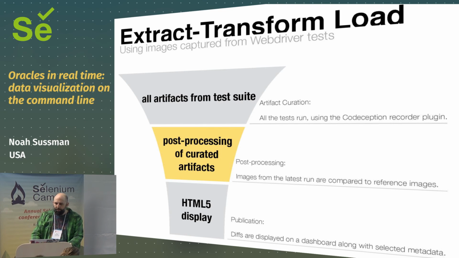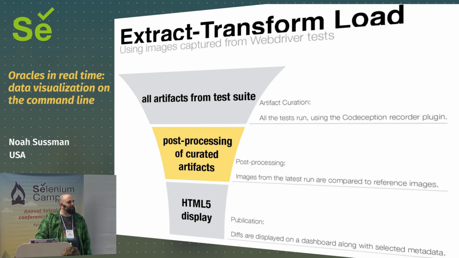All right, so let's look quickly at how I got that information together. So I'm using Codeception, which is a PHP framework. It's basically just a test runner like any other test runner. It's just new and nice.